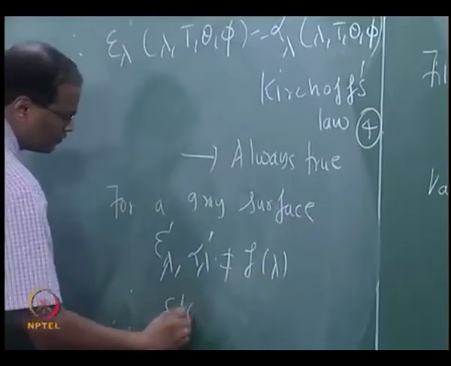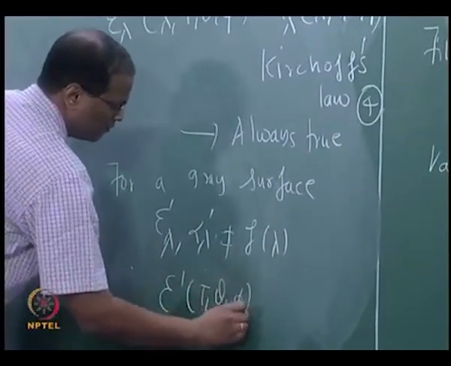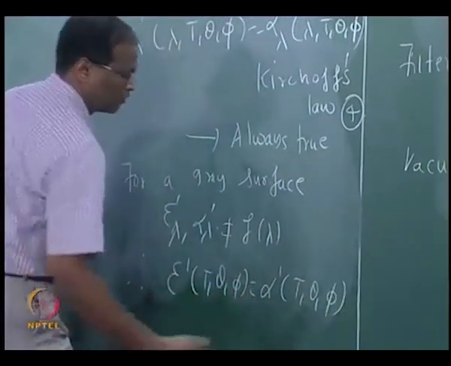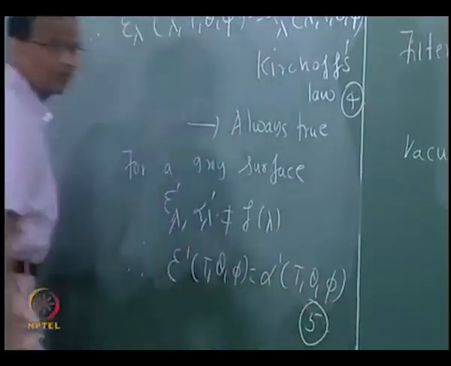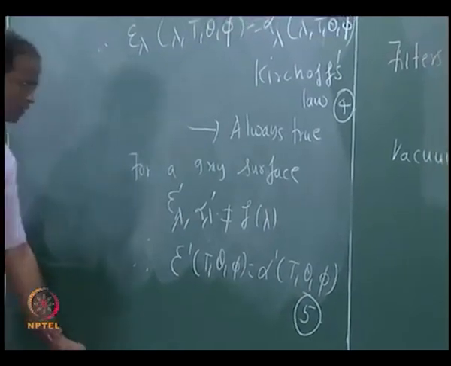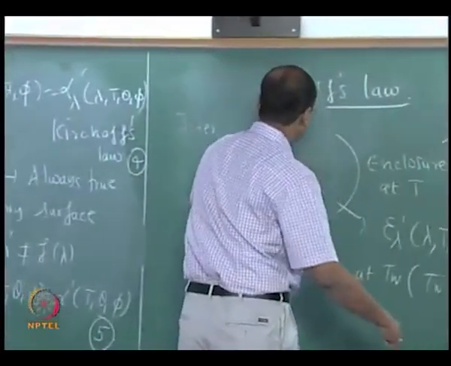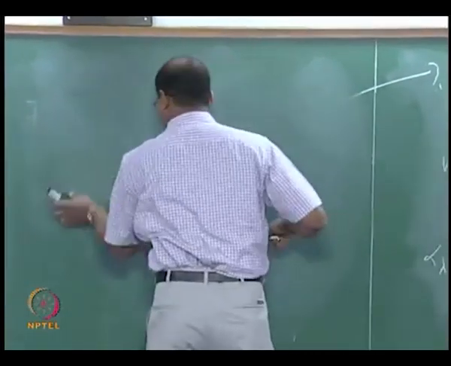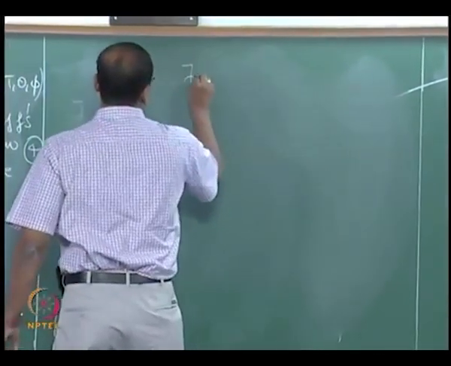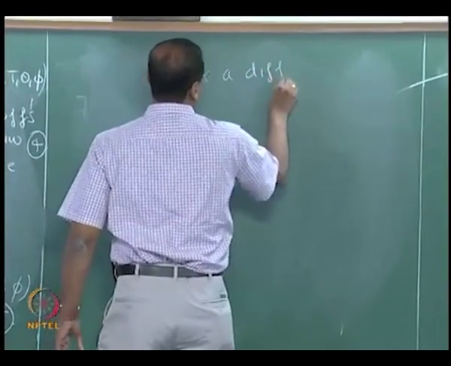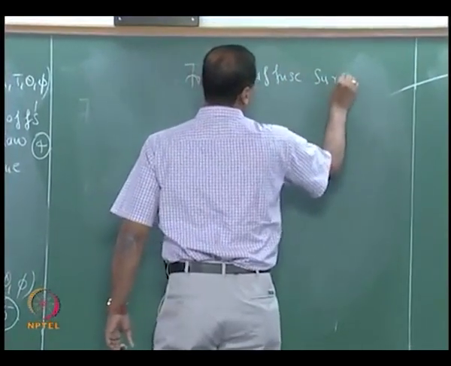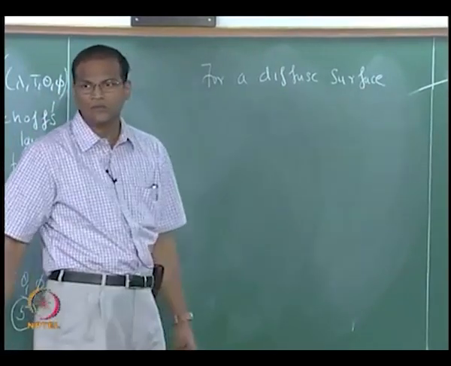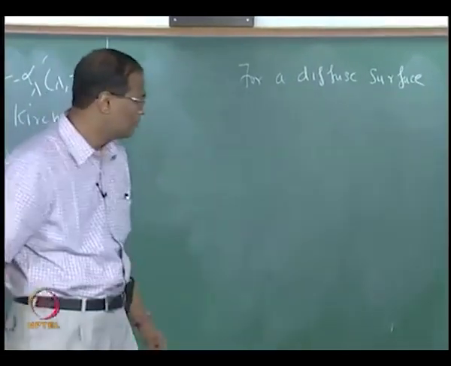Therefore, for a diffuse surface, there should be I lambda, sorry.